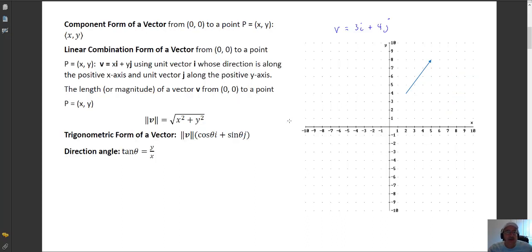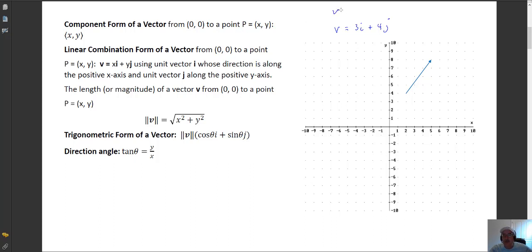All right, continuing, you will see vectors described by other methods in other textbooks. One is called the component form of a vector. This is from the origin, and they call these vectors standard position, to some point (x, y), in component form. And they'll write this vector 3i plus 4j in this manner.